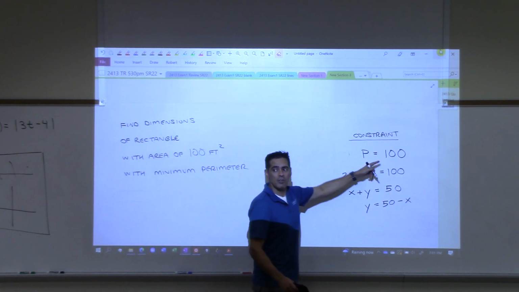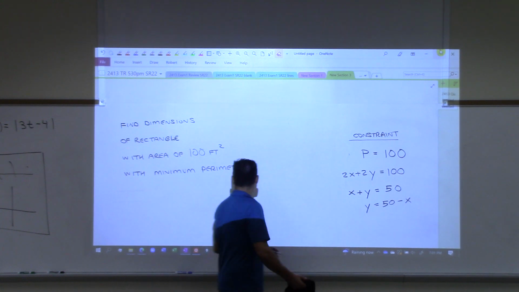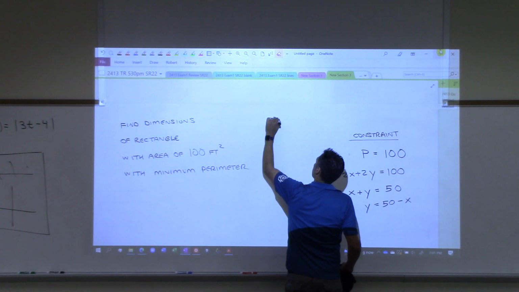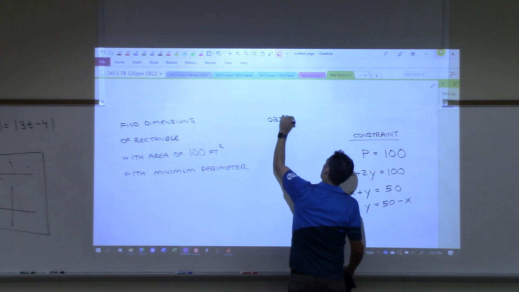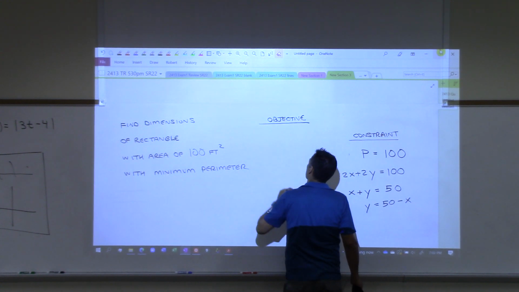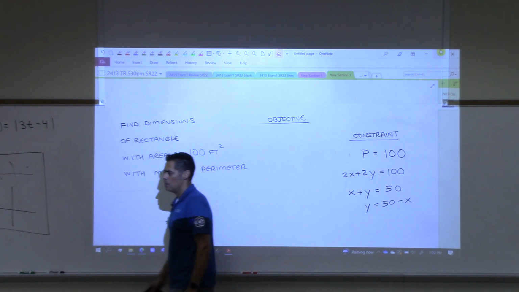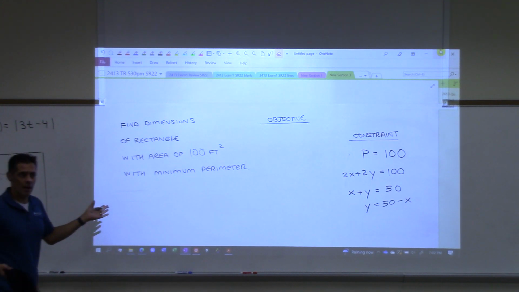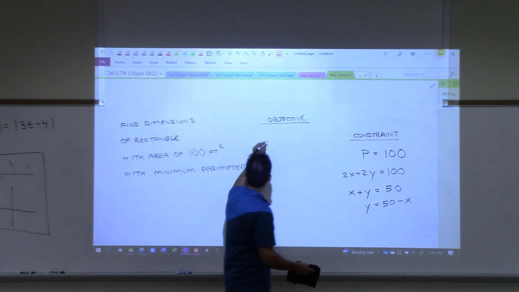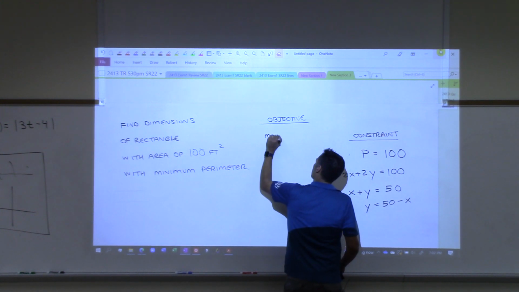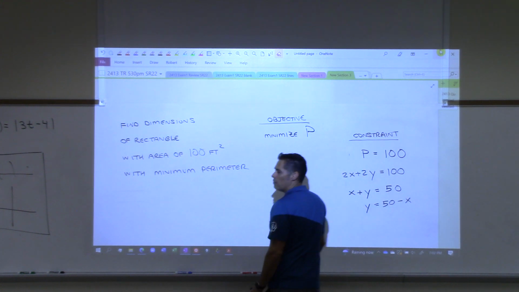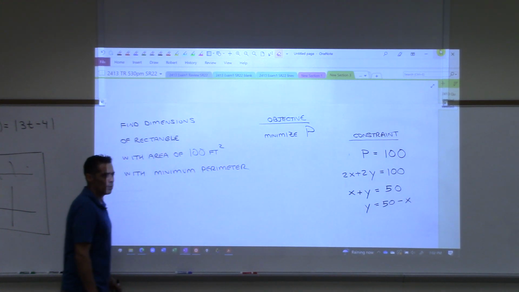The perimeter is not 100, the area is 100. So what is the objective here? You want to find the minimum of the perimeter. You want to minimize the perimeter. I'm going to put P for perimeter.